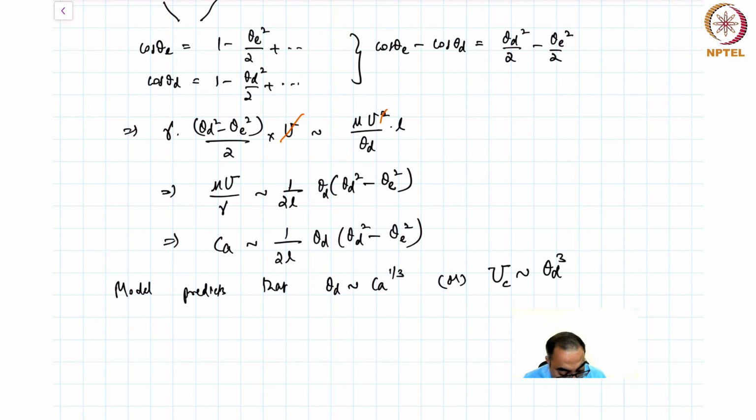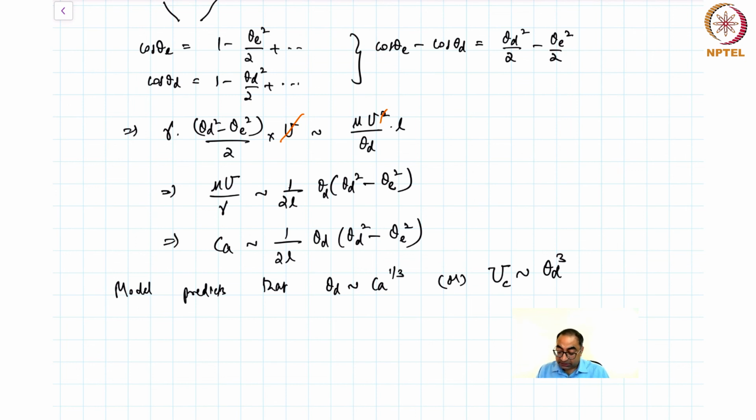So this model of course is valid when theta d is very small, but it makes at least the prediction that experiments have observed, that theta d goes like capillary power 1/3. Of course, there are several experiments which show other kinds of behavior, and therefore the model itself has limitations, but that's understandable because several important assumptions were made during the derivation of this model.